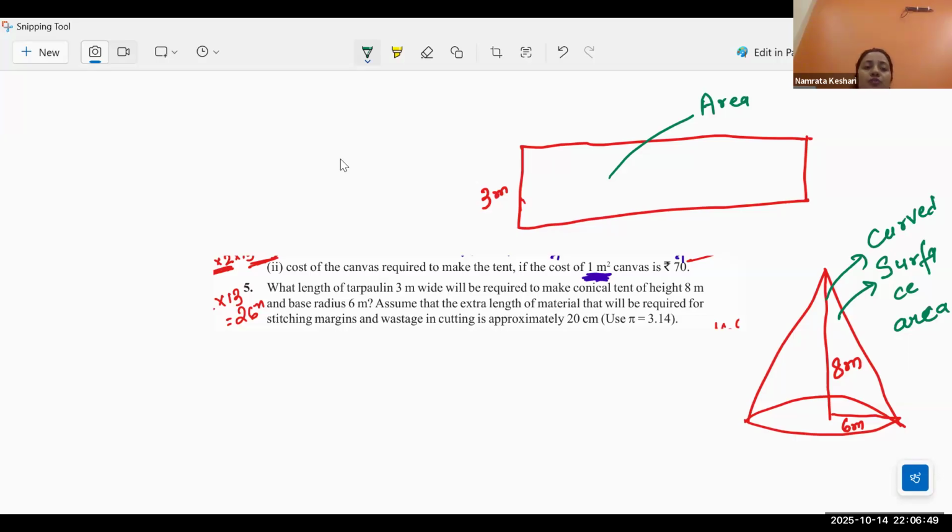So area of the sheet, area of tarpaulin is equal to the curved surface area of the cone. Is it clear to all of you? Yes, ma'am.